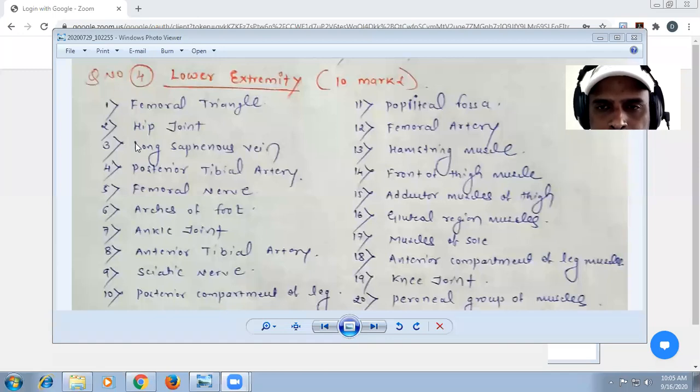Short saphenous vein may be asked for 5 marks, but for 10 marks you have to remember the long saphenous vein. So you have to write why it is called long, or great, saphenous vein, how many valves it consists of, what is varicose vein, what is the course, the dorsal venous arch, medial end, lateral end, in front of the medial malleolus, medial border.